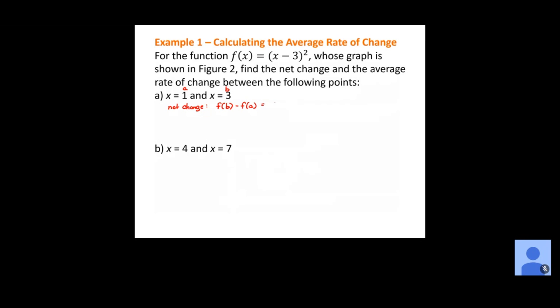So for net change, we're just doing f of 3 minus f of 1. Now it's just a matter of substituting that into our function and evaluating each piece. We're going to start here with 3 minus 3 squared. It's going to give us f of 3, minus 1 minus 3 squared. That's our f of 1.